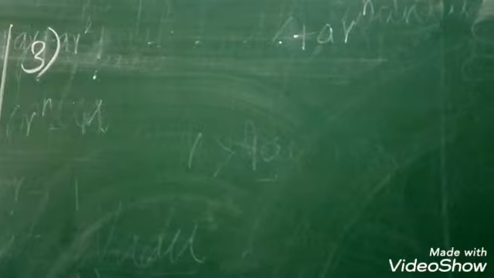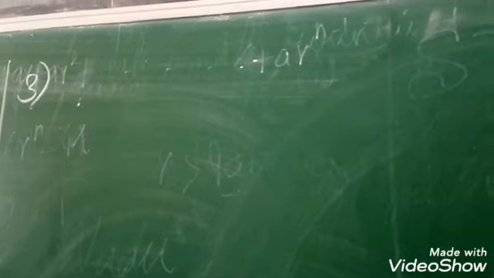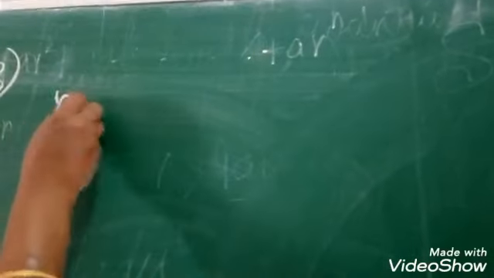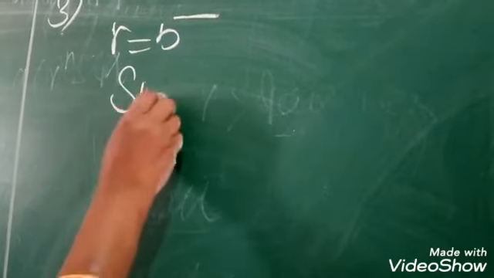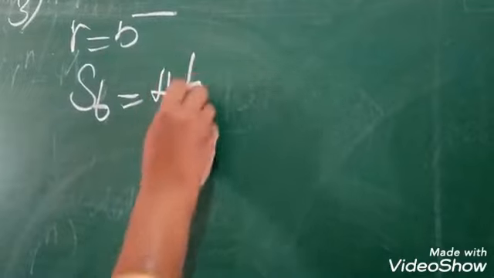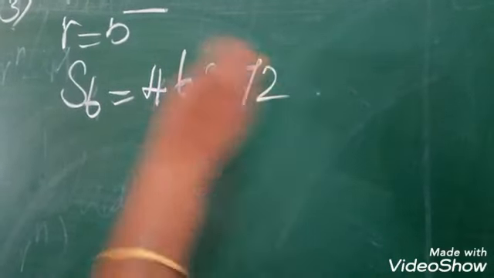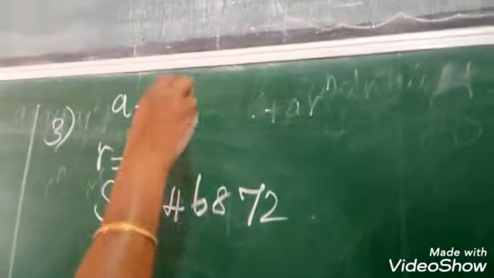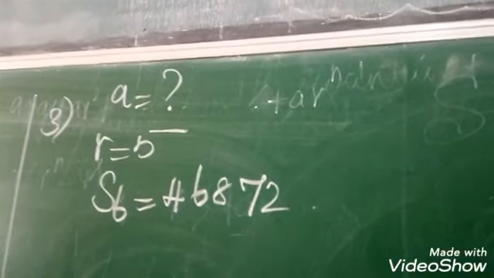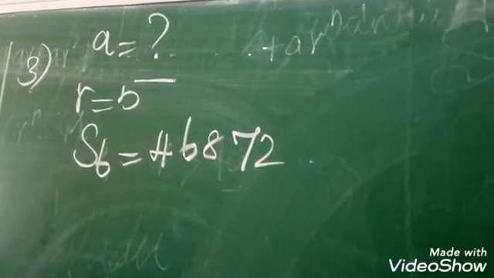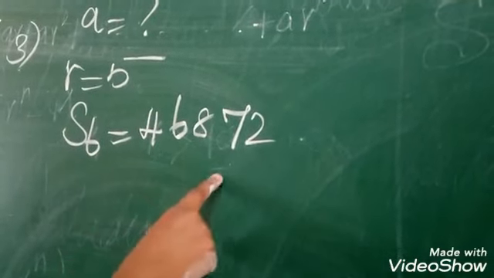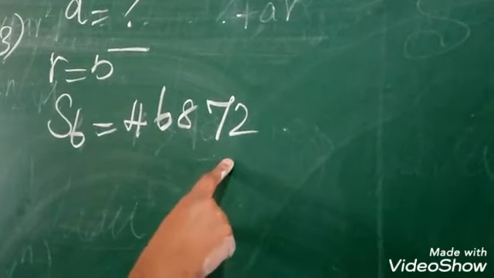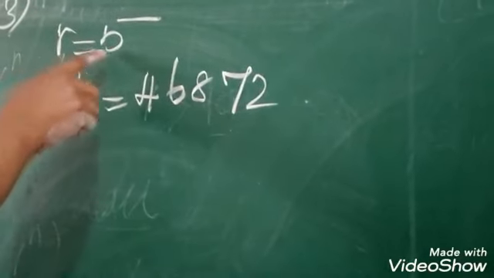Third sum: find the first term of the GP whose common ratio is 5 and whose sum of first 6 terms is 46,872. So you want to find out the first term, girls. Listen, the common ratio is 5.